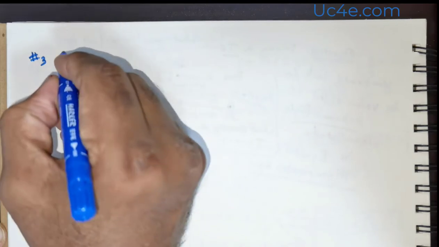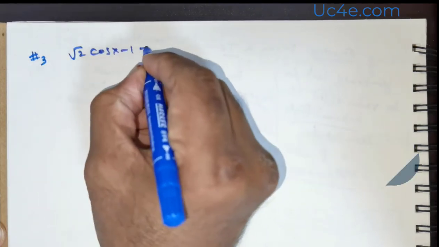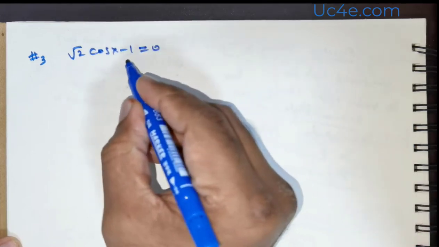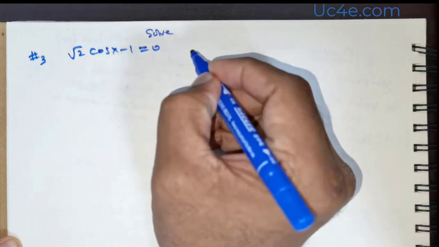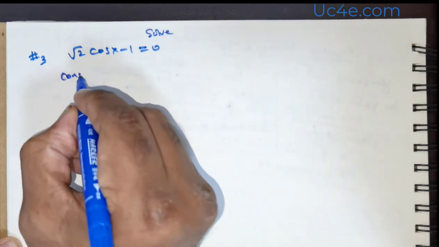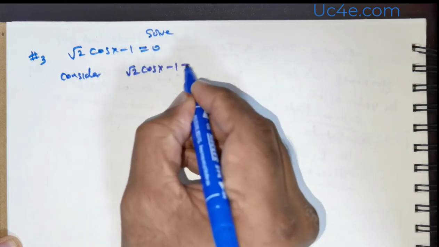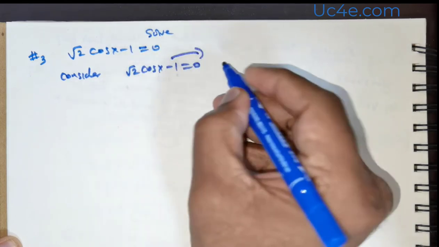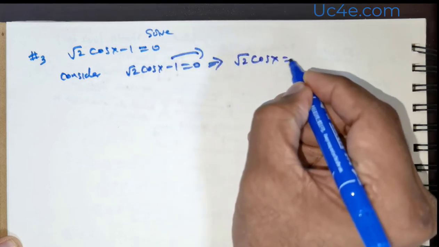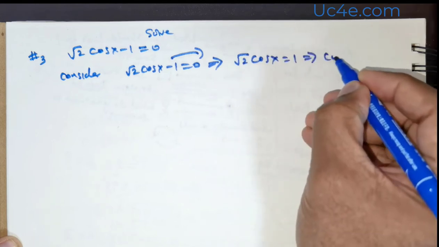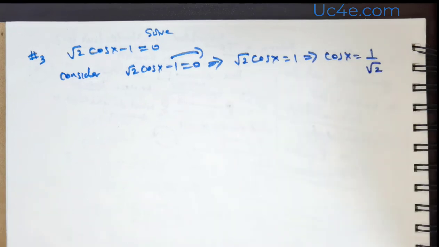Let's take question number 3, students. We've been given root of 2 times cos x negative 1 is equal to 0, and we are asked to solve this trigonometric equation. So foremost, let me start off by considering root of 2 times cos x negative 1 is equal to 0. I'll move the 1 to the other side. This in turn would give me root of 2 times cos x is equal to 1. From here I can rewrite cos x is equal to 1 over root of 2.